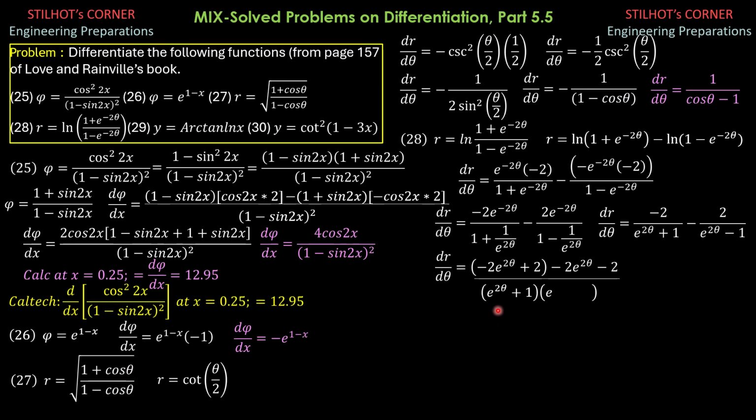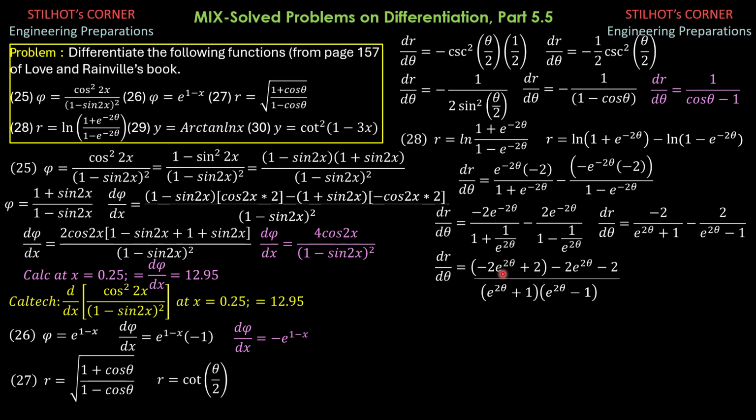But I write that first as e to the 2 theta plus 1, e to the 2 theta minus 1. This is when simplified, e to the 4 theta minus 1. The numerator, when simplified, is negative 4 e to the 2 theta after we cancel 2.